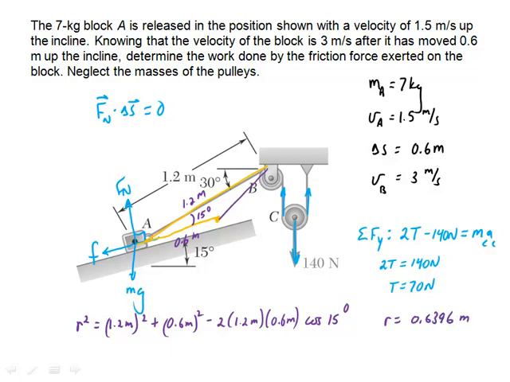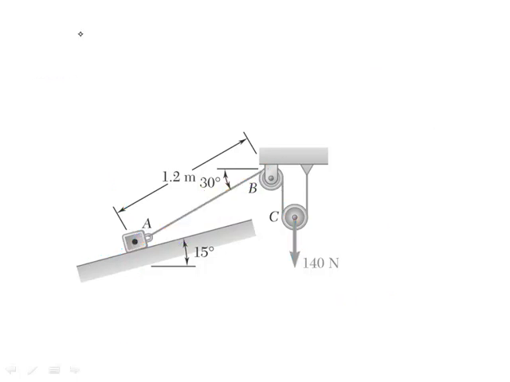So it was 1.2 meters, so the length of the cord has changed by 1.2 meters minus 0.6396 meters, which is 0.560 meters.